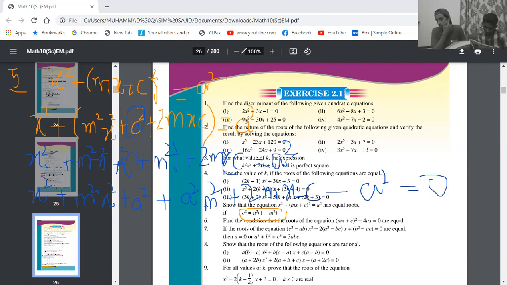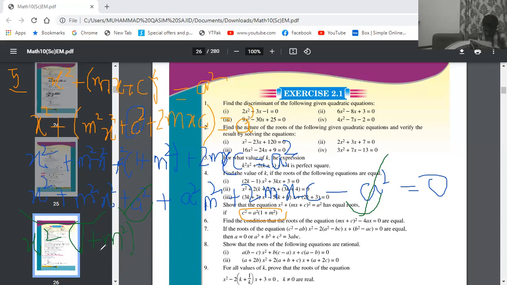Now the minus a square and plus a square will cancel out. This is the value of x square. Taking x square as common, we get x square into (1 plus m square).